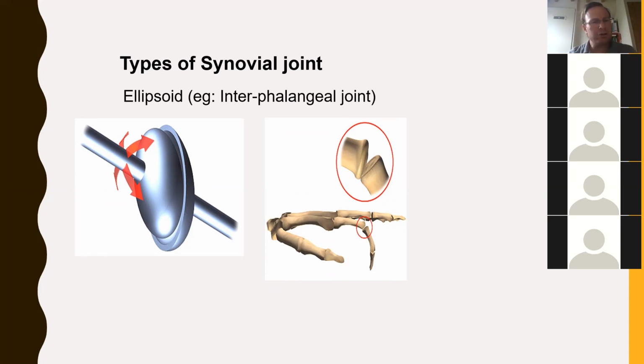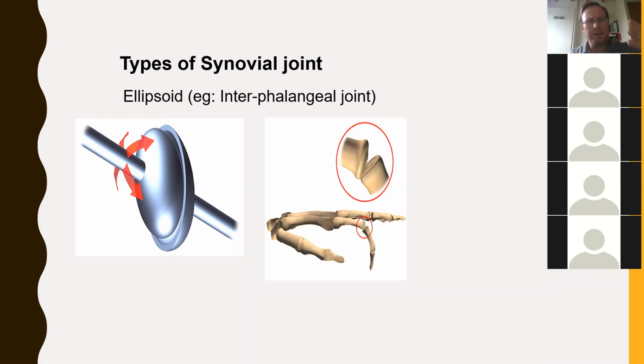An ellipsoid joint usually has one bit where it's almost like a ball, but it doesn't fit into a socket in the same way that a ball and socket joint would. The bone it goes up against, particularly in your fingers, is usually a little bit flatter.